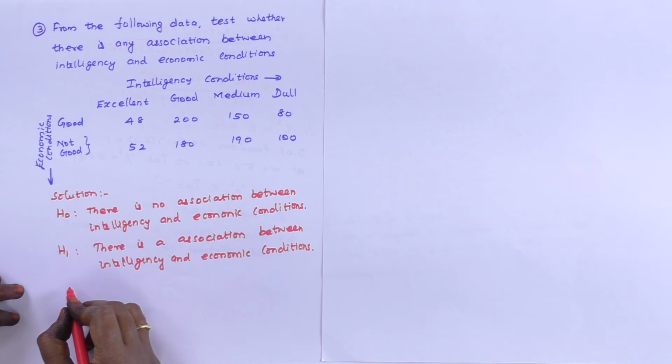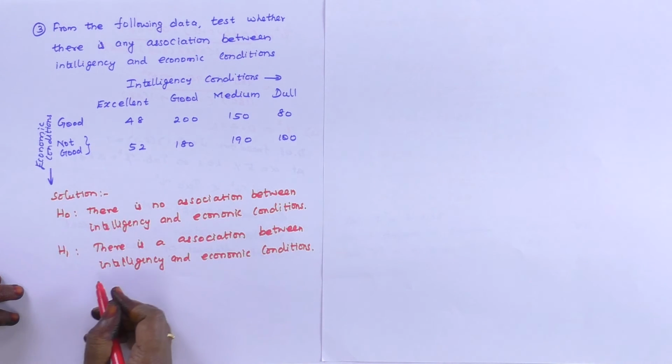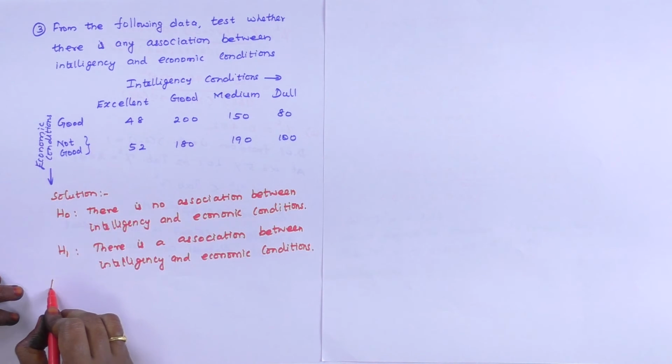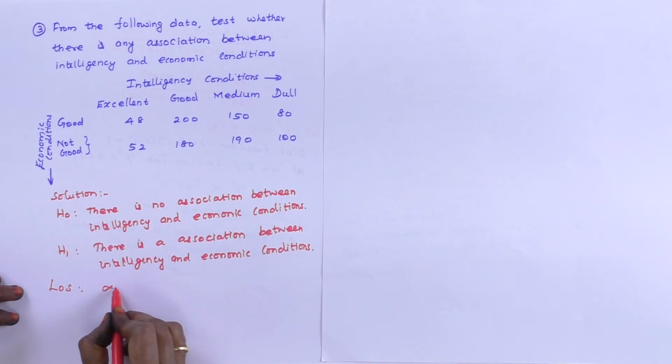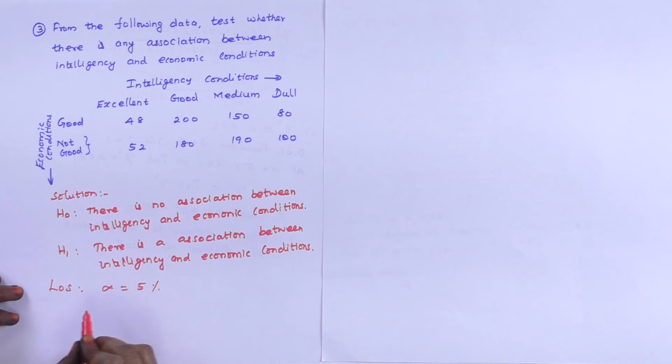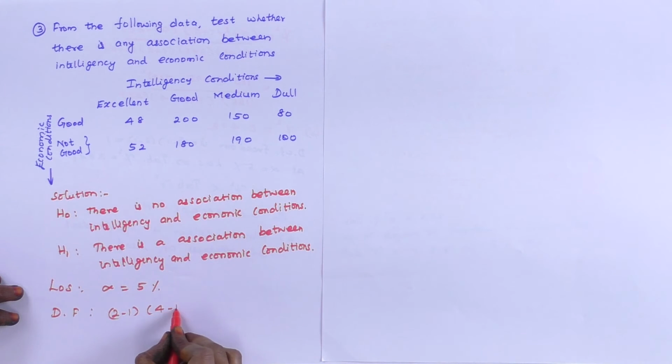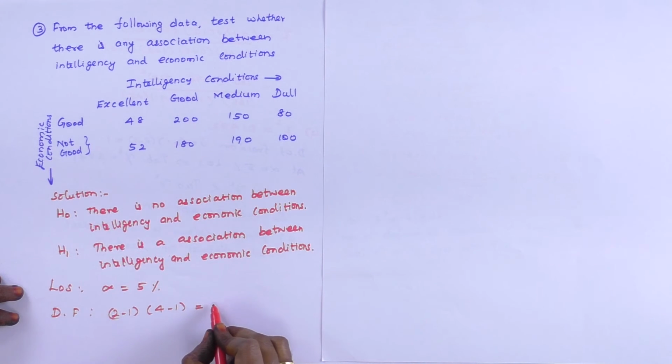Next, we set the level of significance, alpha equal to 5%. And the degrees of freedom is, here, 2 rows, 2 minus 1, 4 columns, 4 minus 1, that is 1 into 3. We get degrees of freedom as 3.